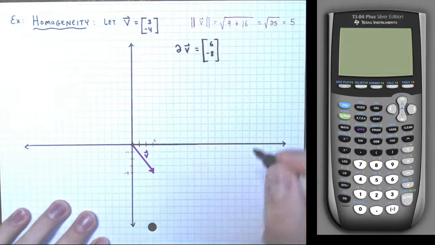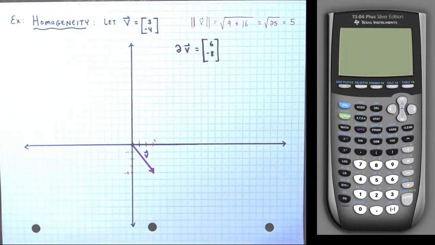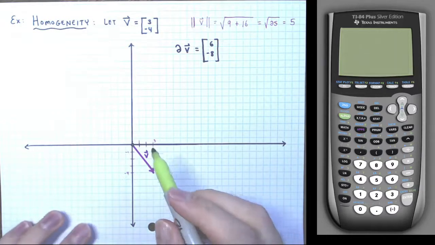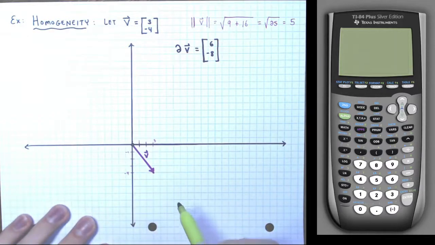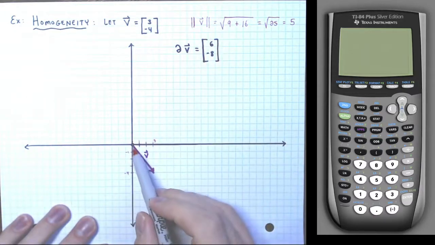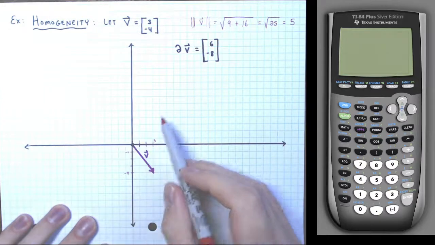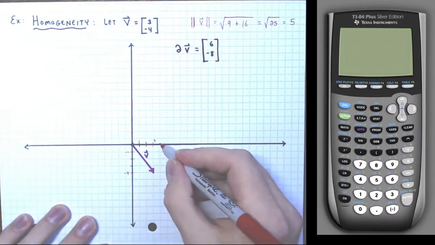Alright, let me draw this in. I'm going to draw this vector as a position vector. Okay, so I'll do this in a different color, right? We have the magenta here for v. So 6, negative 8. That tells me from the origin, go right 6, down 8.